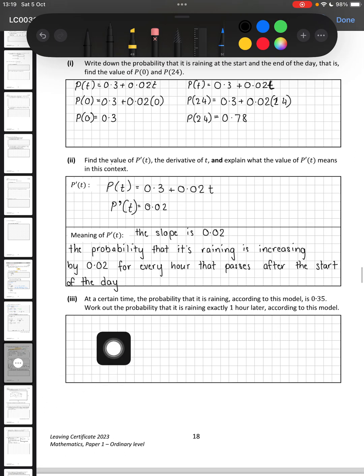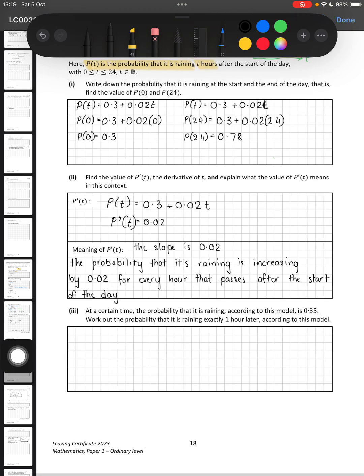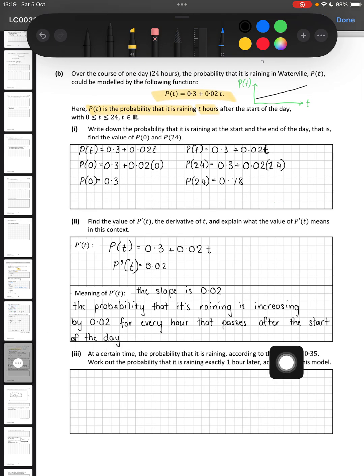At a certain time, the probability that it's raining according to this model is 0.35. Work out the probability that it's raining exactly 1 hour later according to this model. So, two ways you could do this. We could find what time that is, let 0.35 be the probability and rearrange to find that time, and then sub in the time for 1 hour later. Or we could see that we've just said the probability that it's raining is increasing by 0.02 for every hour that passes.